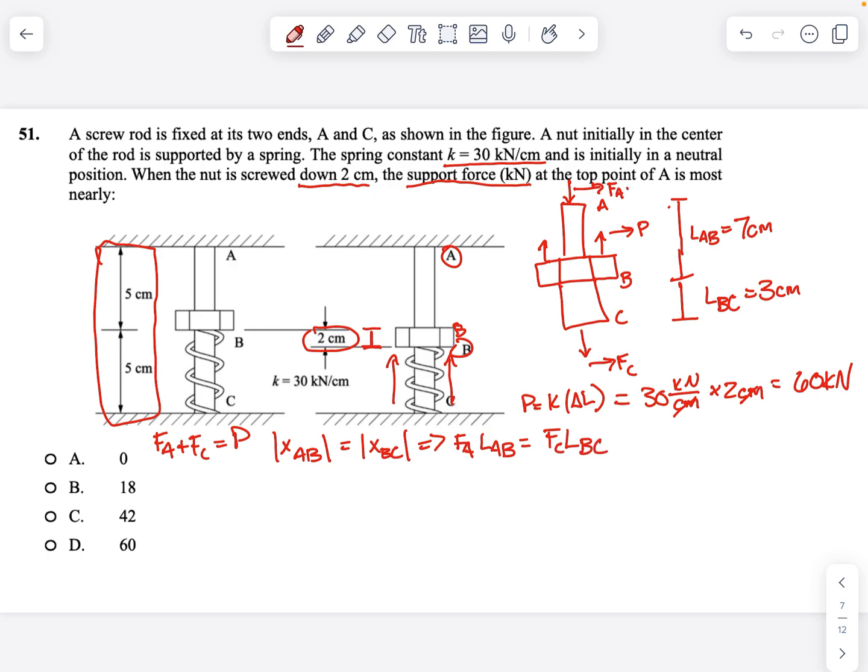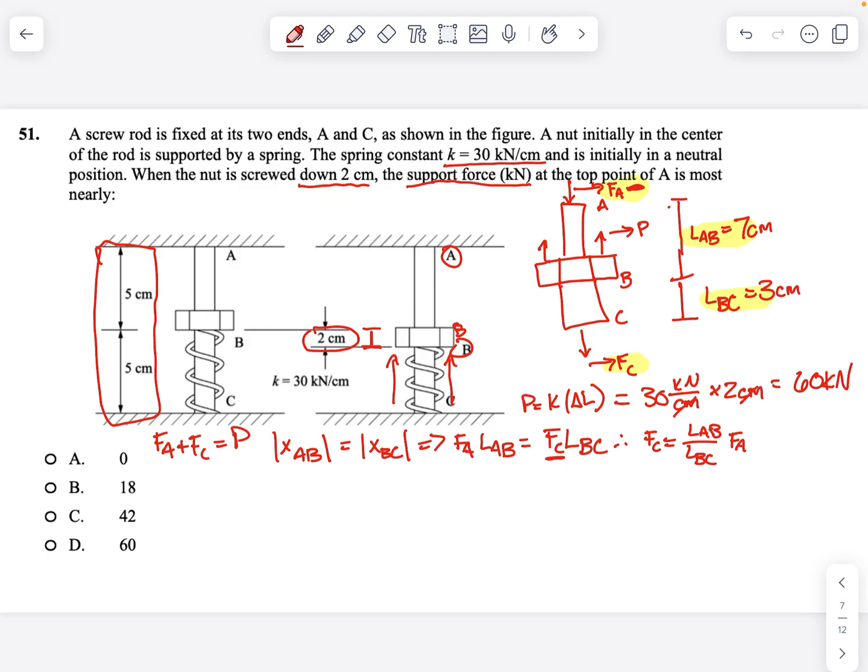All that's saying is the force up here times your length here is going to be equivalent to the force at the bottom times the length at the bottom. Again, you can find this equation in the statics chapter. It's just another thing that you wouldn't really know, so you have to know where you're going with these problems a little bit. The value we're trying to solve for right here is FC, and doing so, we're left with FC equals LAB over LBC times FA.